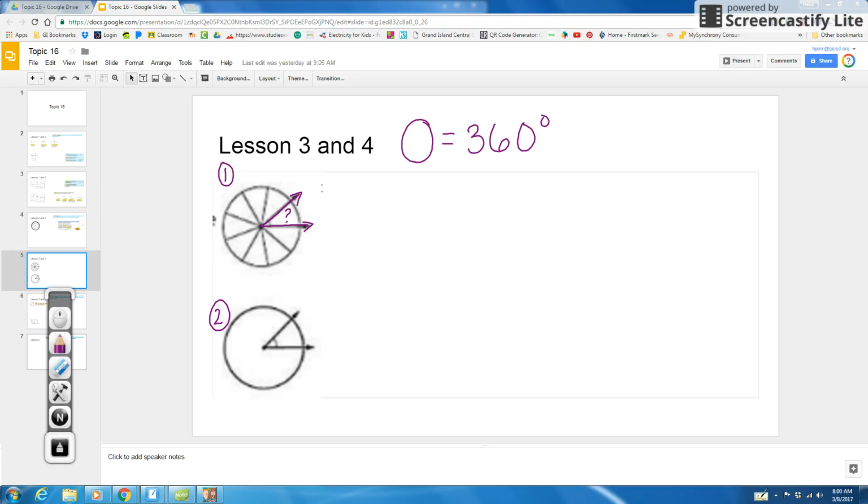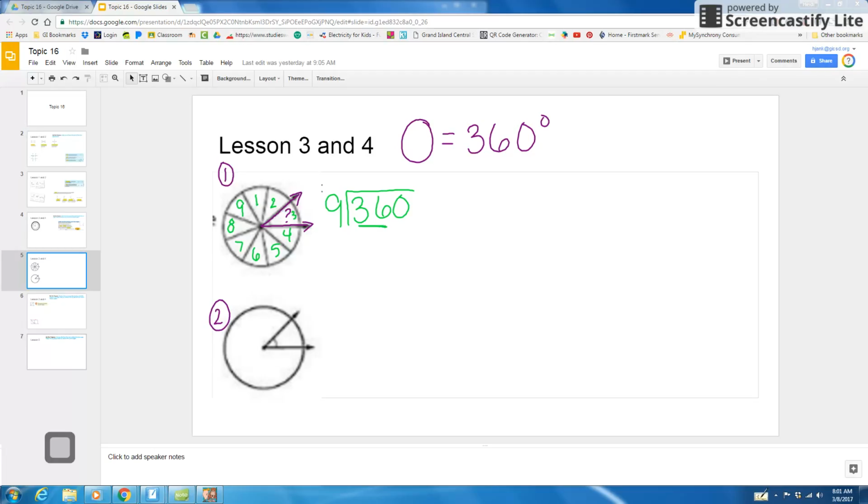So all you have to do, I'm going to switch to a different color just so it stands out, we're going to count how many sections they've divided the circle into. So 1, 2, 3, 4, 5, 6, 7, 8, and 9. Okay? And then I take my 360, divide it by my 9 sections.